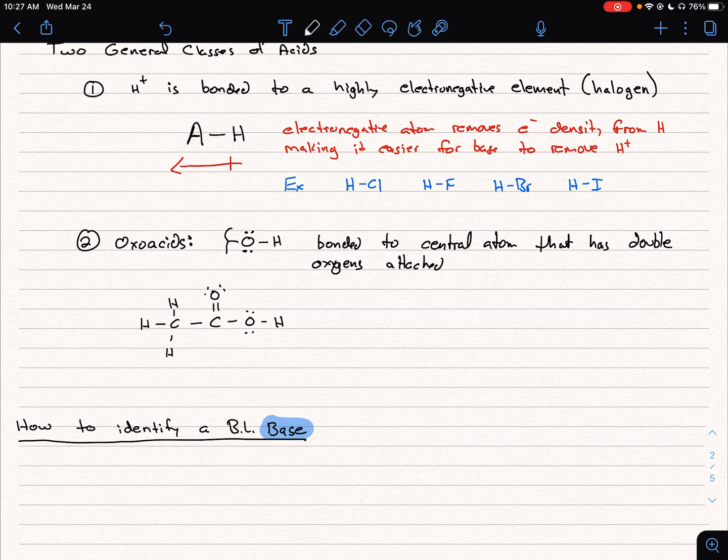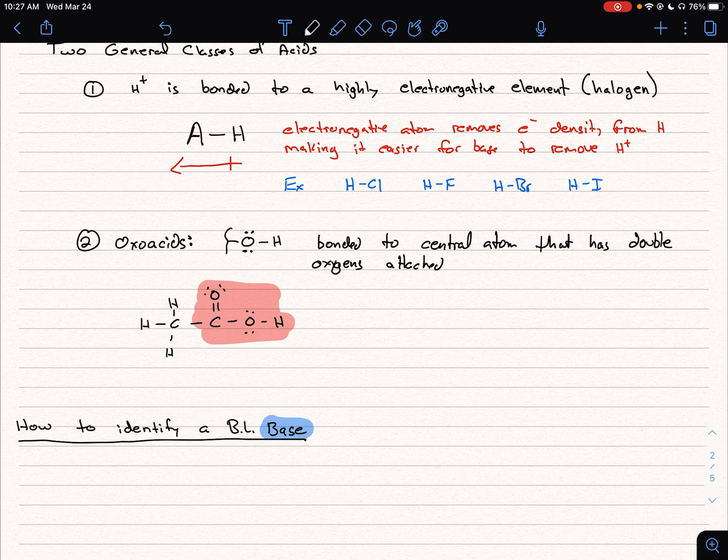And when we look at this, it's this portion of the molecule we want to be looking at. So as soon as you see an OH, but this O is bonded to a carbon with a double bonded oxygen, then this proton will be acidic.